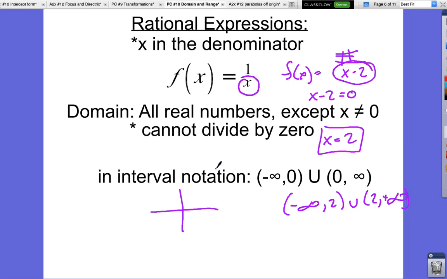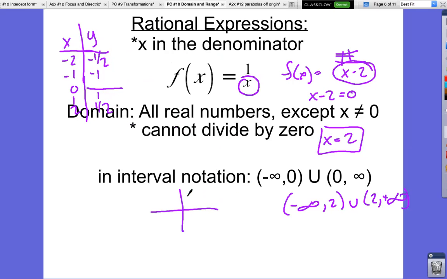So 1 over x, x can't be 0. So if x can't be 0, let's do this real quick. If we forget what this looks like, make a table. So if x is -2, then your y value would be -1/2. If x is -1, your y value is -1. X is 0, undefined. X is 1, I get 1. X is 2, I get 1/2.